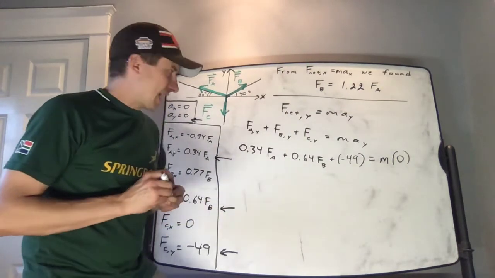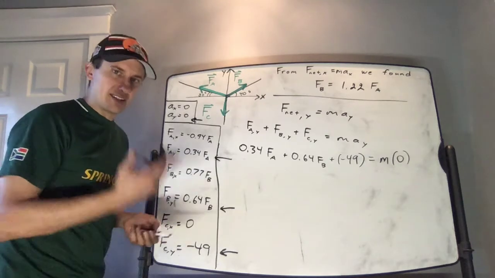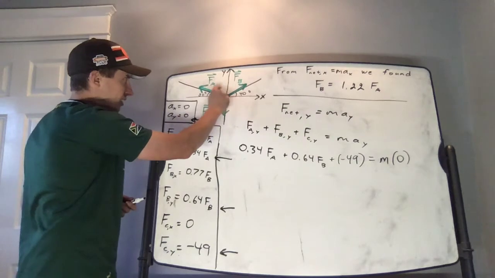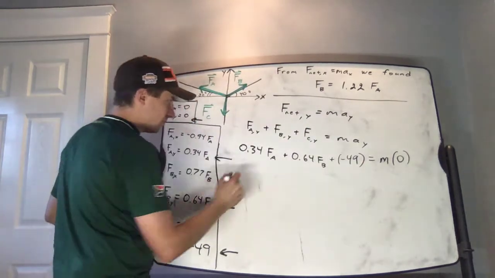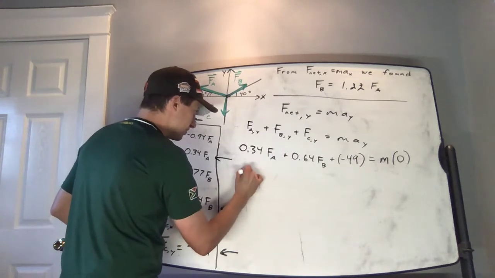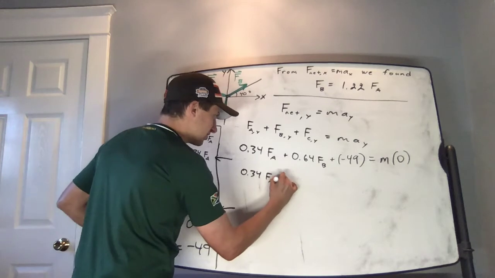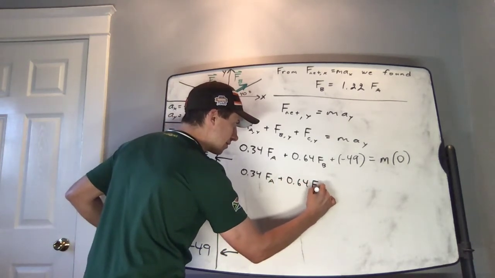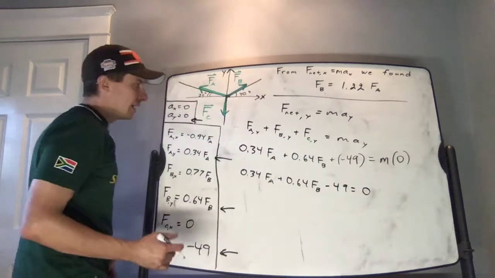So at this point, I now have two equations with two unknowns, and that is enough information to find the total magnitude of the tension in cable A and B. So I could simplify this equation as 0.34 FA plus 0.64 FB minus 49 is equal to 0.